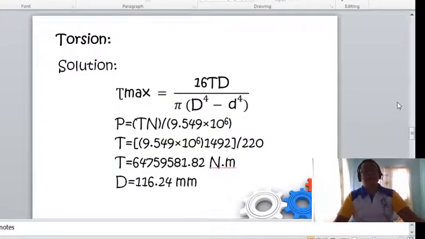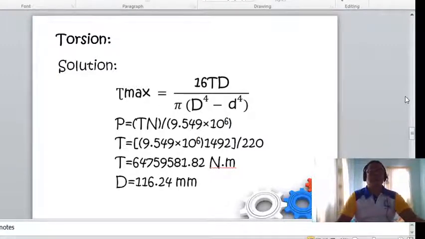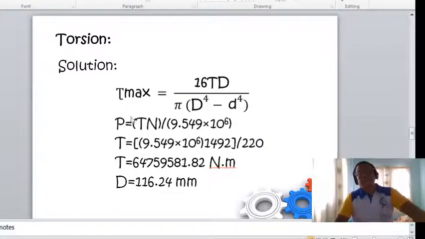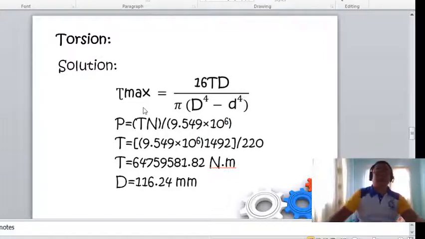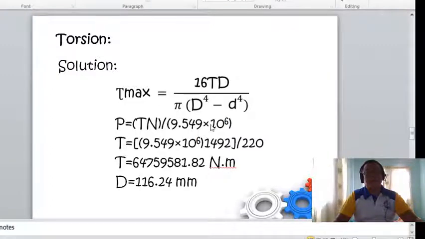Okay, solution now. From the equation for a hollow shaft, the maximum shearing stress is equal to 16TD over pi times (D to the fourth minus d to the fourth). Okay? So, from the equation, take note that the given here is in SI units. Take note that for the power, we have here the denominator of 9.54 times 10 raised to 6.